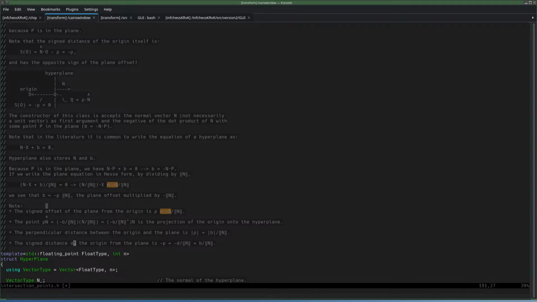The signed distance of the origin from the plane is minus rho, which is plus b. We don't have a d anymore actually.